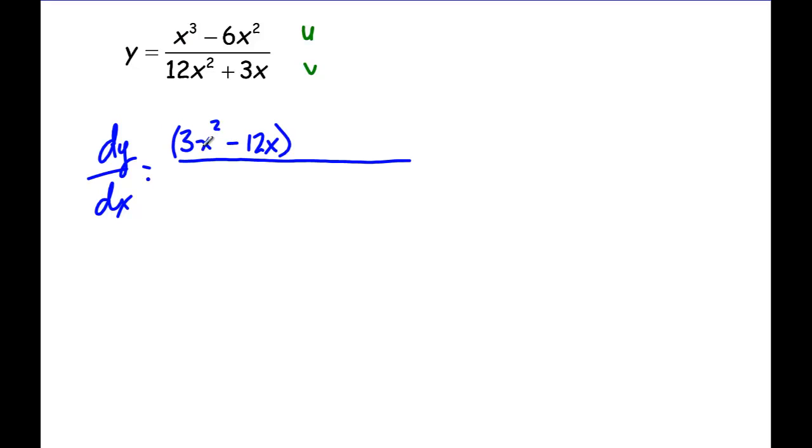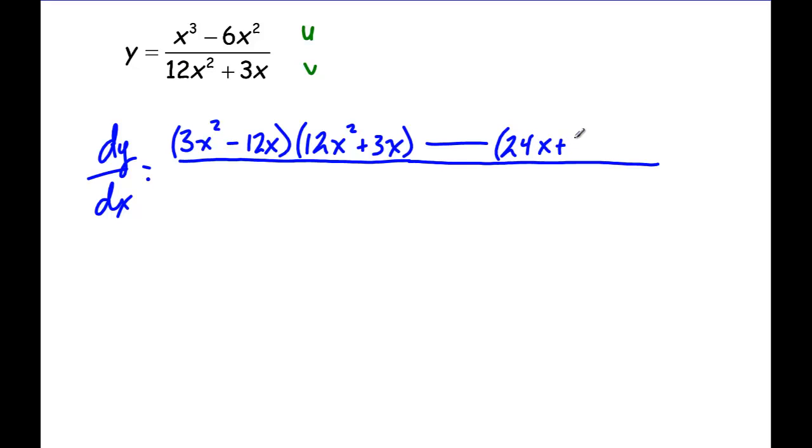Be sure to put that in parentheses because that represents the entirety of u prime, that whole quantity, times the bottom, or the v, minus, big minus sign there, the derivative of the bottom, parentheses again, 24x plus 3, times the original numerator, like so. Of course, over the bottom squared. Do not forget to put that bottom squared in.